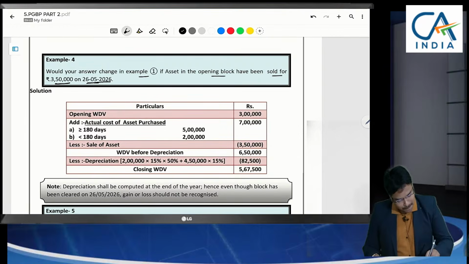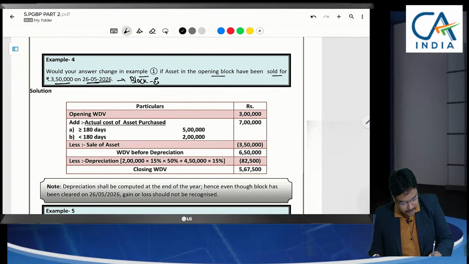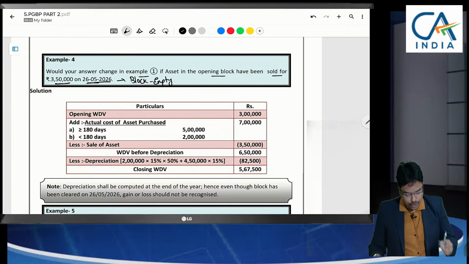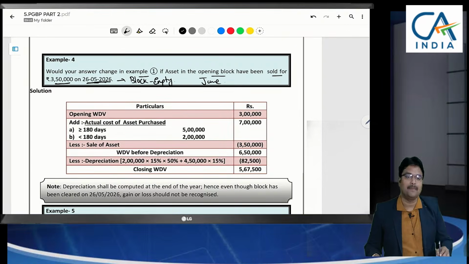That means by this date the block has become empty. Later we have purchased the asset in June. By this date the block has become empty.